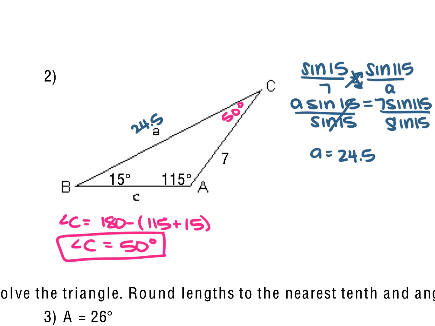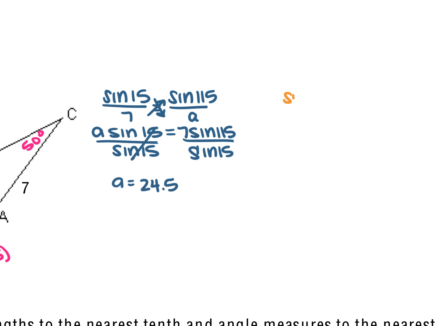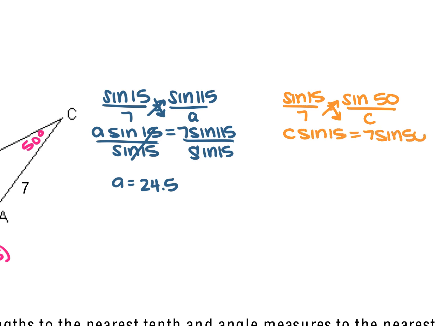So the last thing we need to find here is side C. So again, we're going to use the sine of angle B, which is 15 over 7, is equal to sine angle C now, which is 50, right? Yes, 50 over C. Cross multiply. It's going to give you C times sine 15 is equal to 7 sine 50.